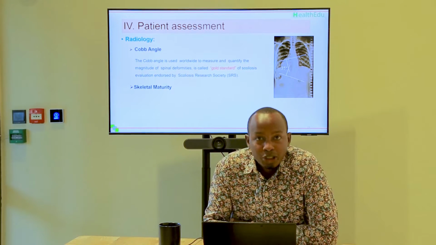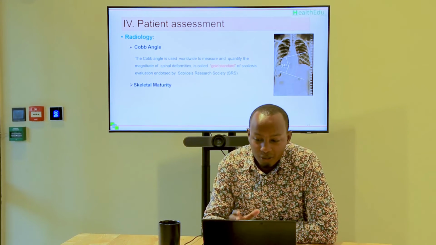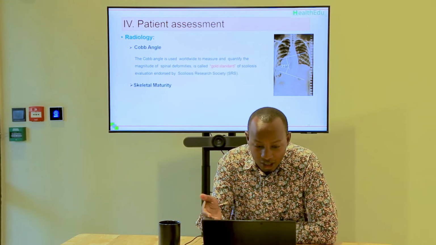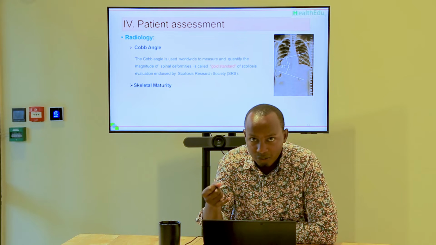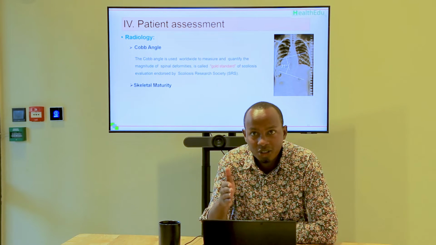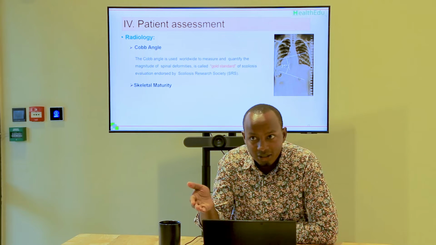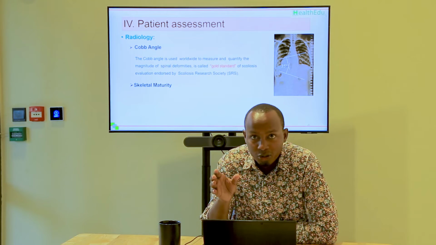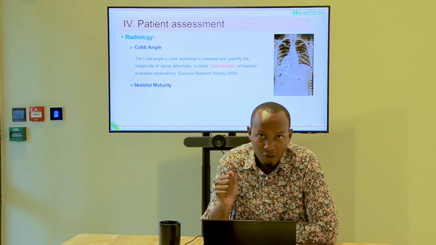We also have to measure the skeletal maturity. We need to identify if the patient has already grown enough or if there's still growth remaining. We can know from the age of the patient. Most of the time, if the patient is 10 or 12, they are still immature, but when the patient reaches 18, they reach skeletal maturity, and the Risser sign is at level 4.